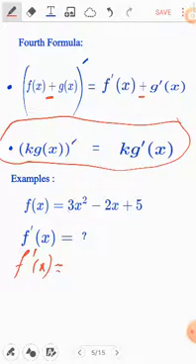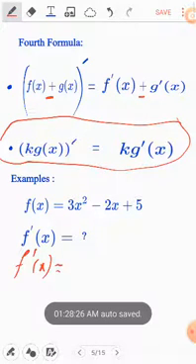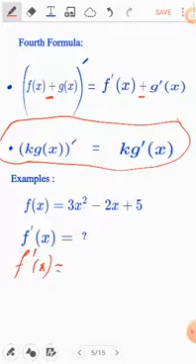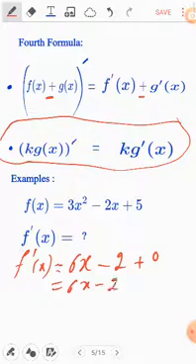The derivative of 3x squared is 3 times 2, so 6x power 1, because x power 2 minus 1, 2 minus 1 is 1. Minus 2 times 1, minus 2, plus the derivative of 5, which is 0. So the answer is 6x minus 2.